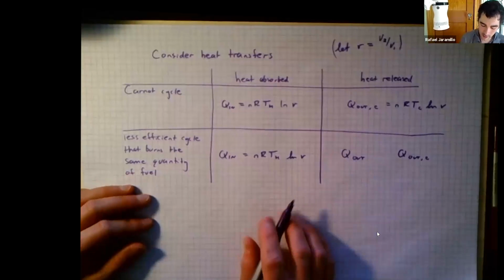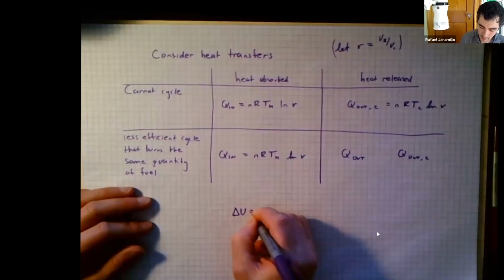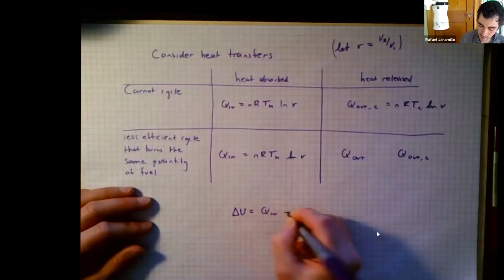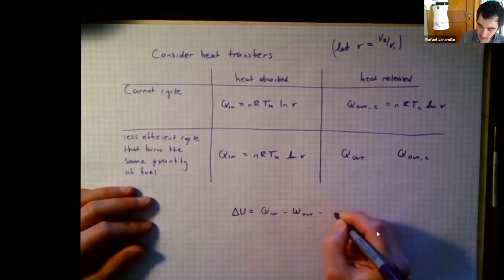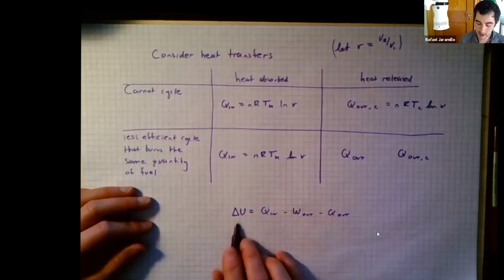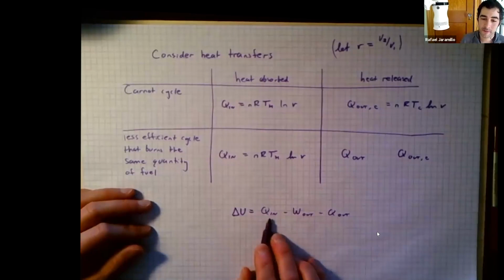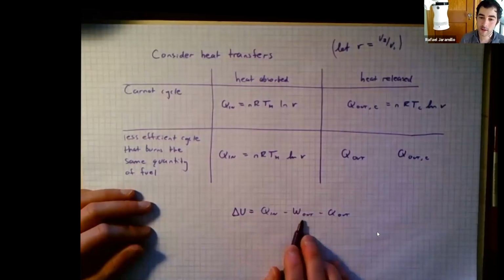Keeping in mind that delta U equals Q_in minus work out minus Q_out, so this has to be 0. Q_in is the same. It's a less efficient engine, so it does less work. So it has to reject more heat.